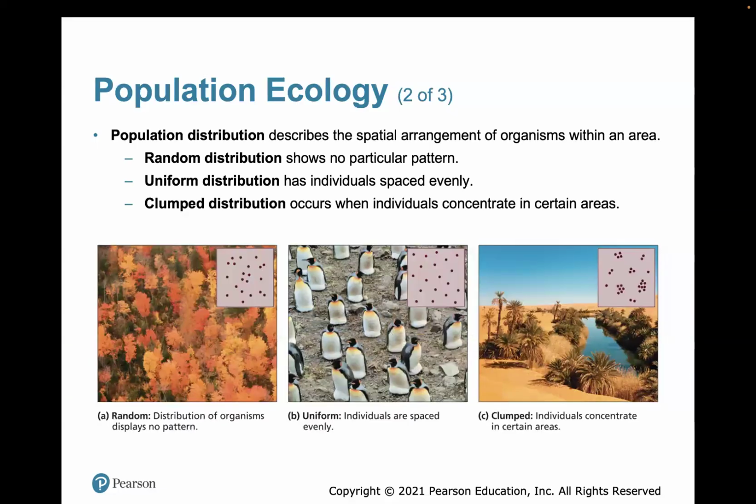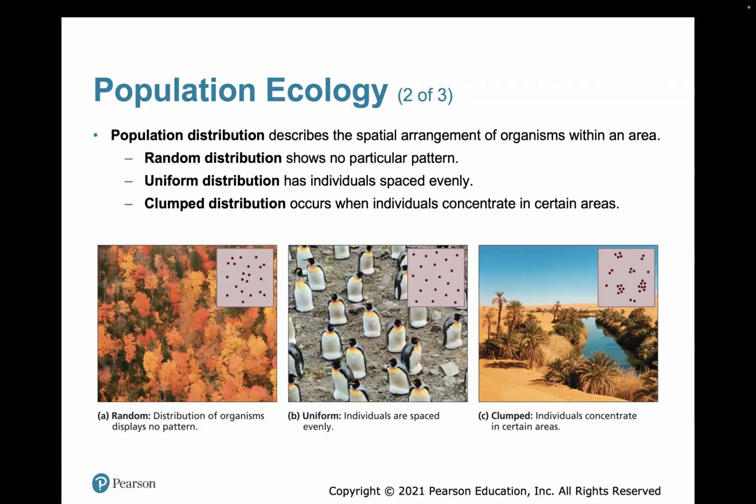Okay, so to summarize, there are three types of dispersion or distribution patterns. Distribution is the spatial arrangement of organisms within an area. Where the individuals are clustered together, they create some patches with many individuals and some patches with no individuals.